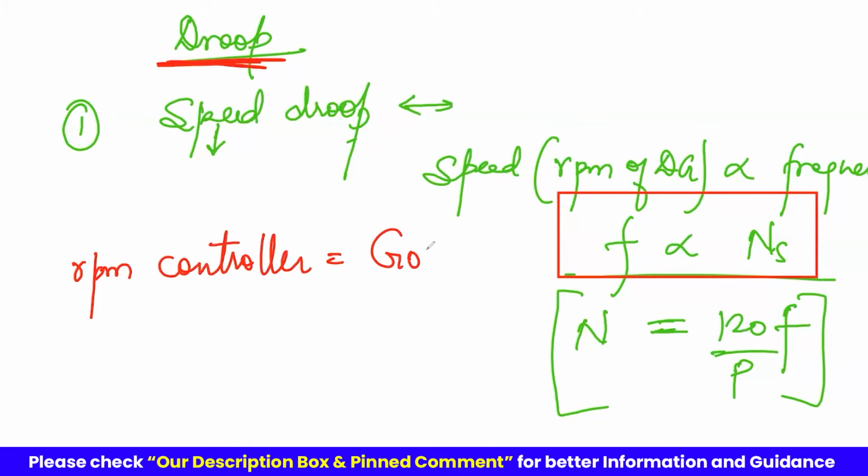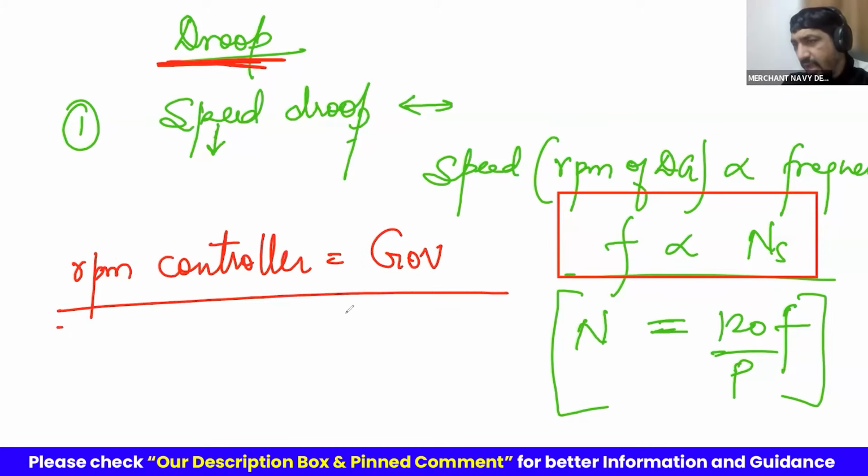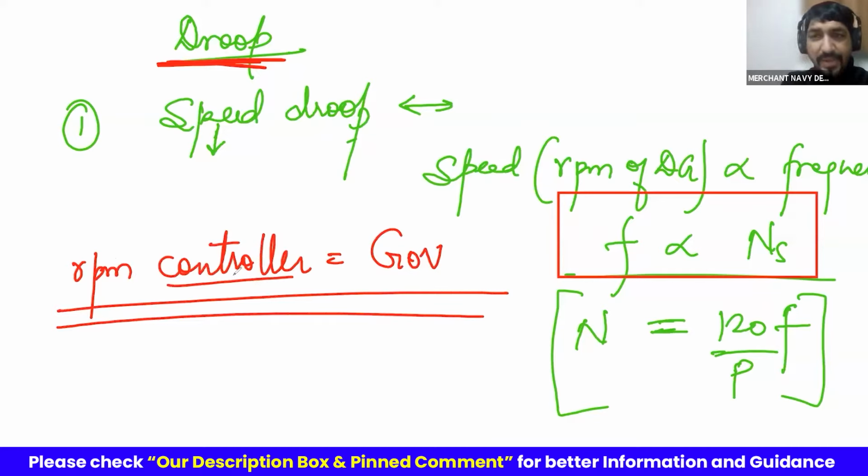Governor. So I want to control the RPM using governor. In the main engine, we also have a governor, but we see a change in RPM, because in the main engine the governor is not isochronous. That means the RPM can vary.